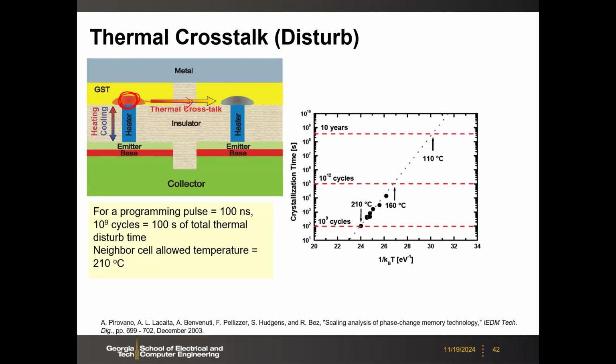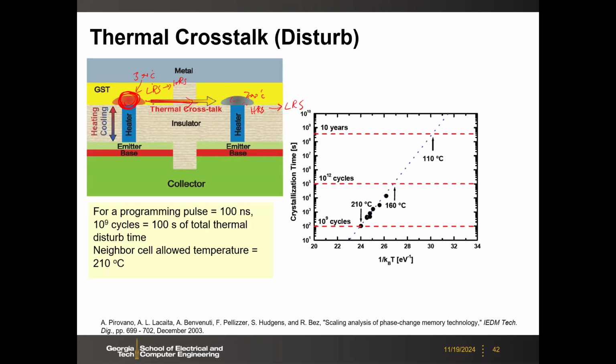So here the temperature will be high, let's say 500 C. But when the heat goes to the adjacent cell, maybe it becomes like 200 C. So 200 C will help this one to crystallize, if this one starts with a high resistance state. Even though you are operating here to reset, that means you are going to change from the low resistance state to the high resistance state, and this temperature, 500 C, is what you need there.